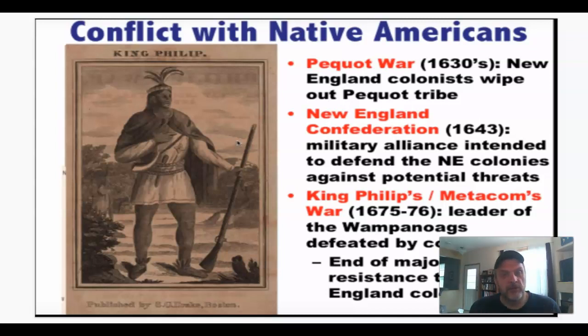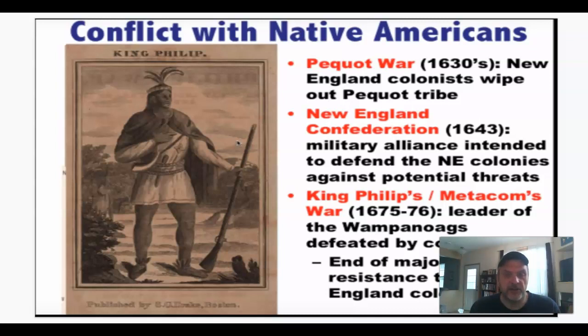And by 1643, the new King of England, King James, decided to take the Massachusetts and Plymouth colony and basically combine it into one larger colony known as the New England Confederation. And this was basically done as a military alliance. The idea was if these colonies were bigger, there would be strength in numbers, and it was intended to defend off any potential American Indian threats to the New England colonists.